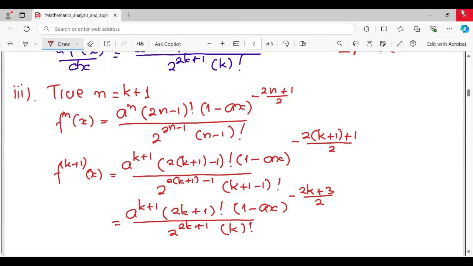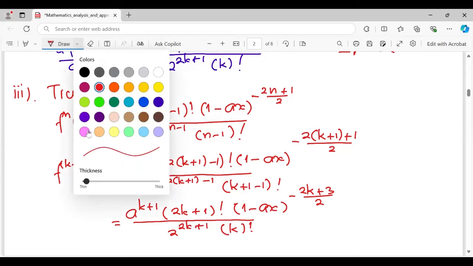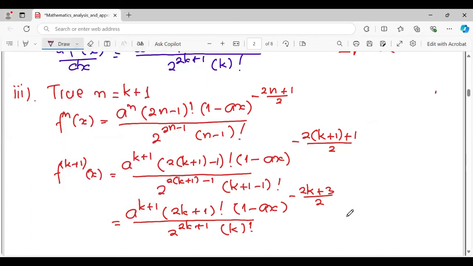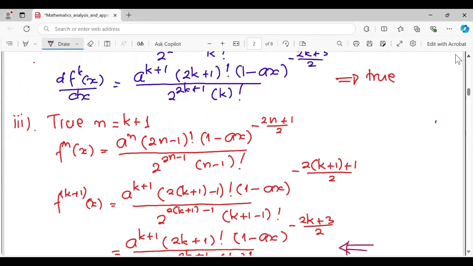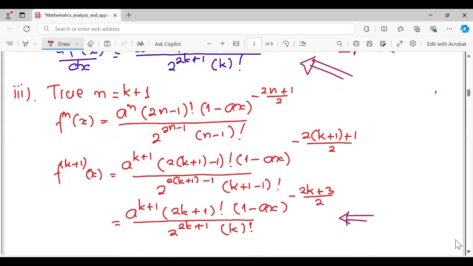So if you compare this part with this part, it's the same. So true for n equals k plus 1.